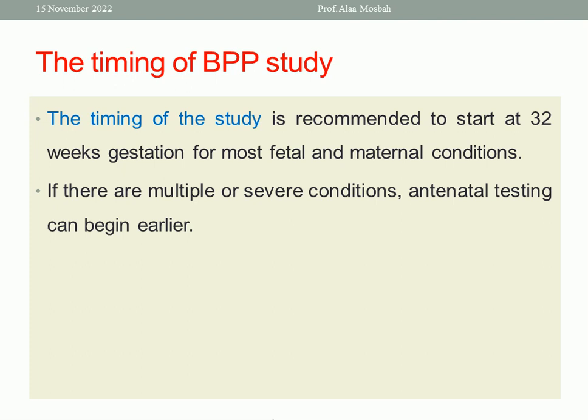At which gestational age can I use the biophysical profile? It is recommended to start at 32 weeks gestation for most fetal and maternal conditions. If there are multiple or severe conditions, antenatal testing can begin earlier.